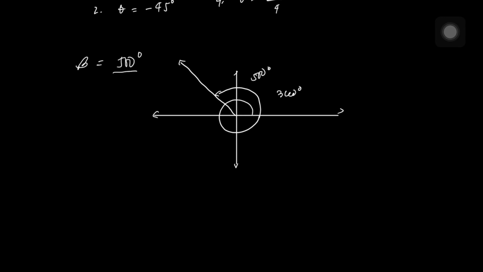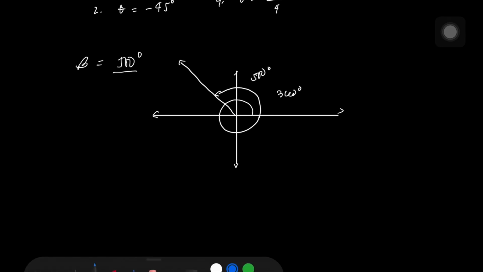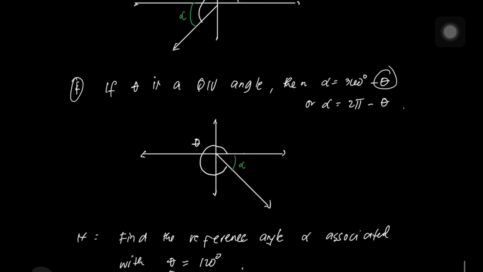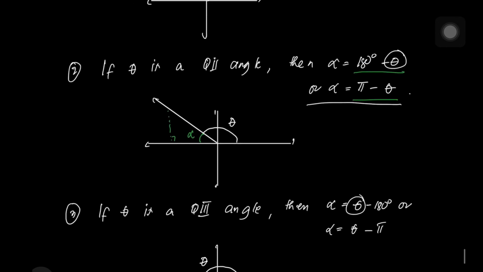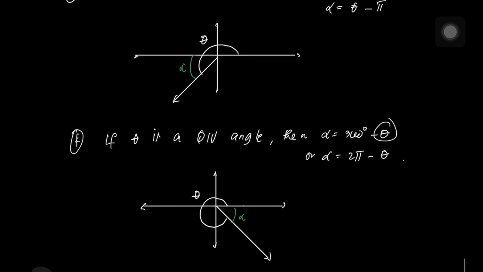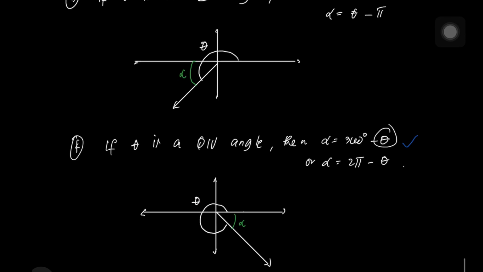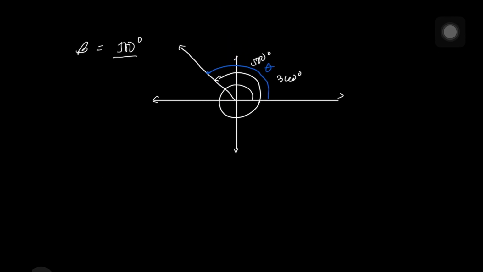What is the smallest positive coterminal angle? It is this one, and this is the theta that we are referring to in these four cases. How do we compute that theta?